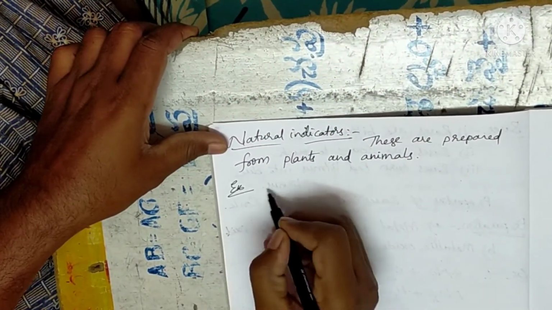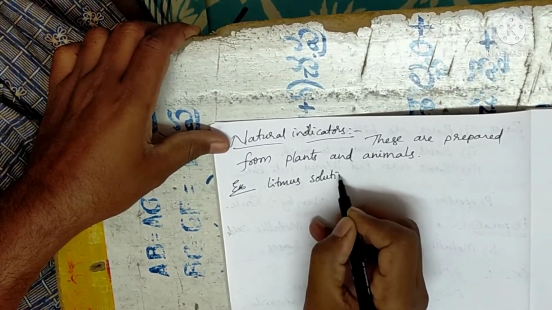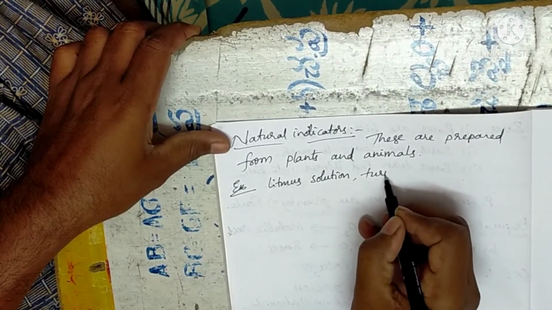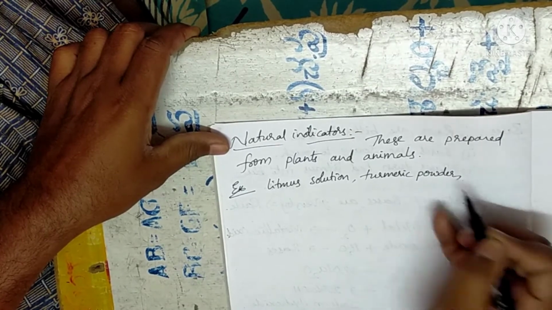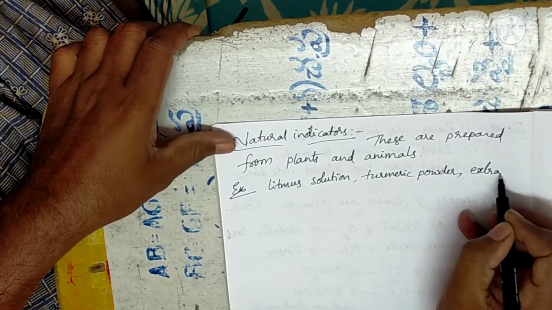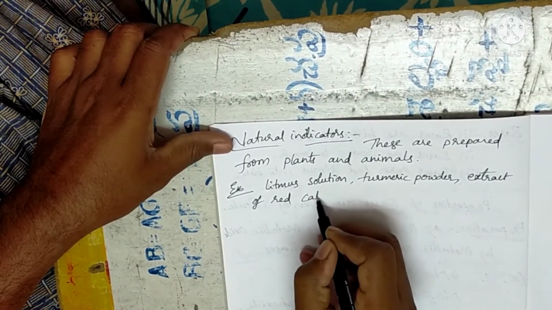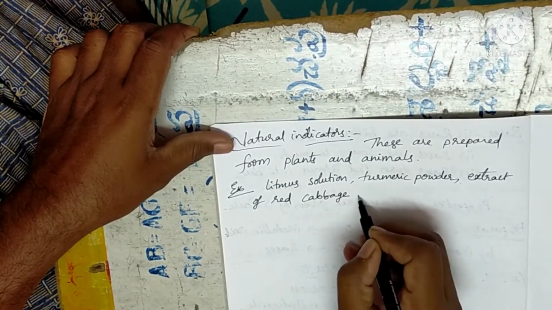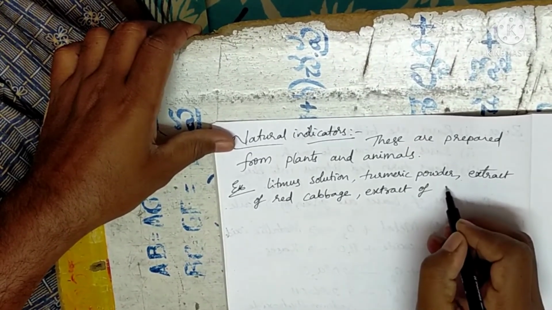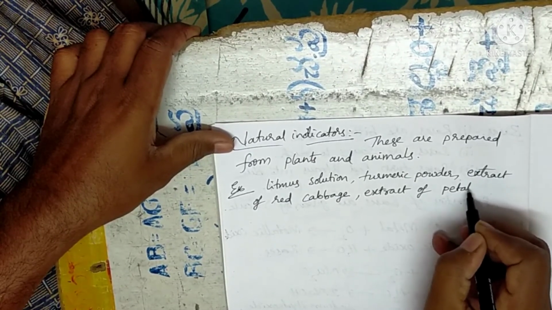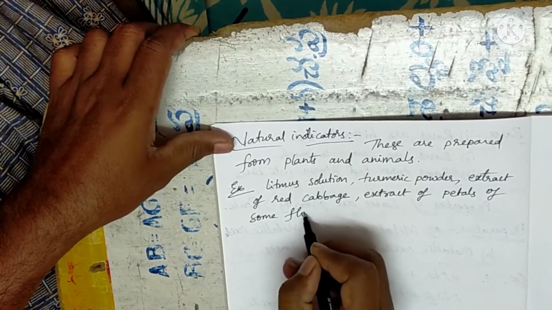For example, litmus solution, turmeric powder, extract of red cabbage, and extract of petals of some flowers.